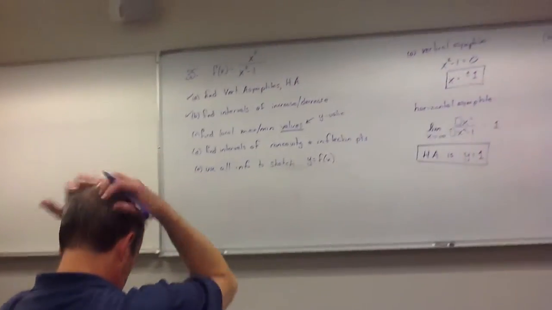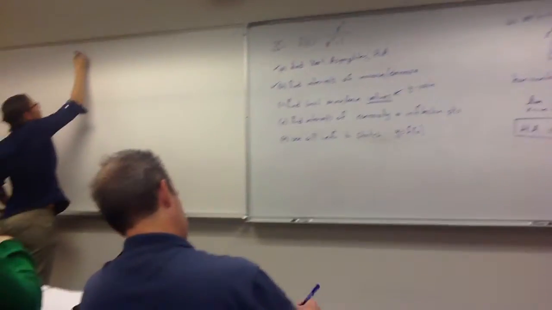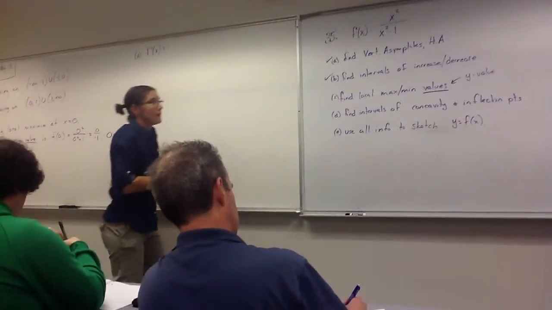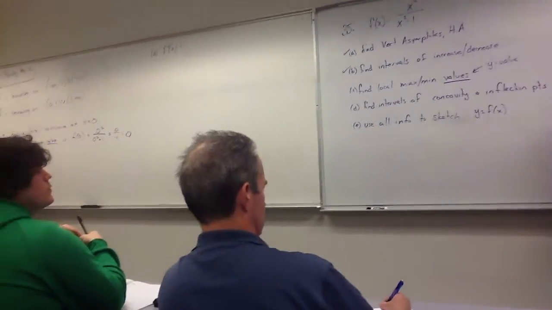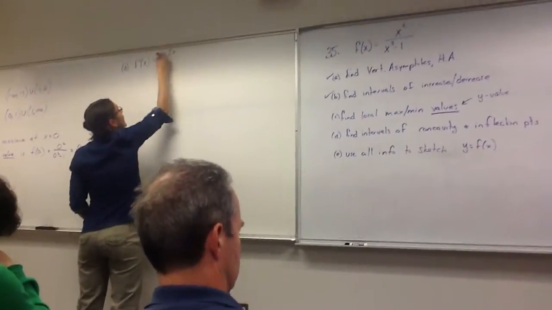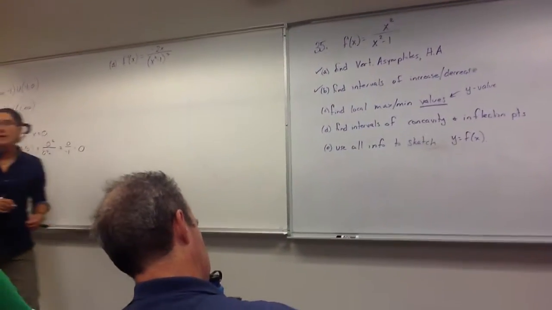So this one encompasses a lot of information. So part D. First thing we need to do is to calculate f double prime. So I need to look back here and say what was f prime first of all. And f prime was negative 2x over x squared minus 1 quantity squared.